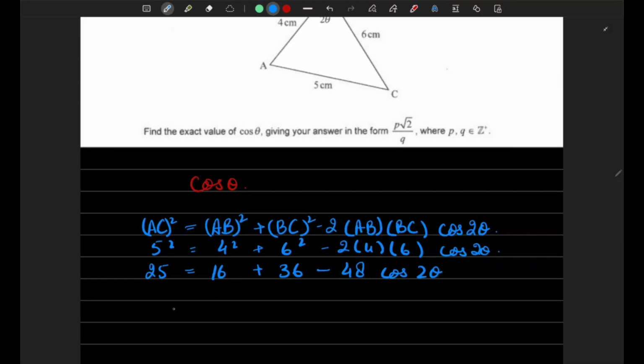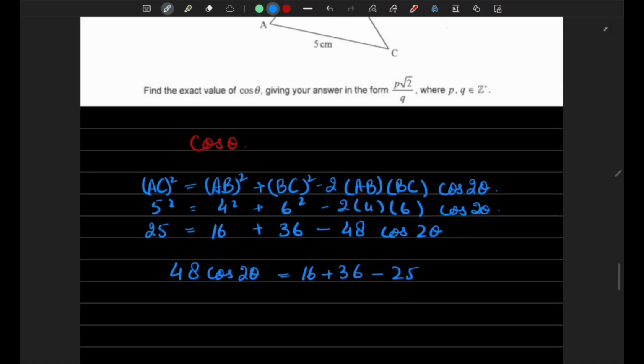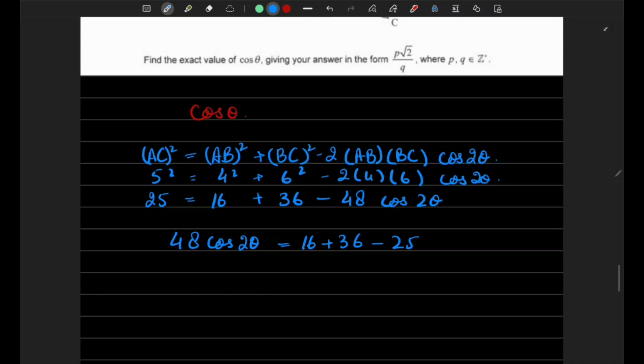Now rearranging the equation, we get 48 cos 2 theta is equal to 16 plus 36 minus 25. So cos 2 theta is equal to 27 over 48.